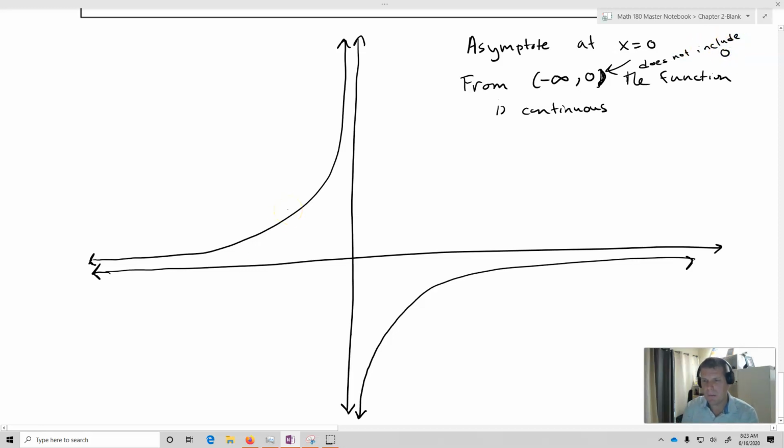This doesn't include 0, but we're actually just talking about the limit as we approach 0. And do we get something as the limit as we approach 0? Yeah, it's going up to infinity. It's extending out and extending on infinitely on the graph. But also, from 0 to infinity, the function is continuous, and we can see that as well.